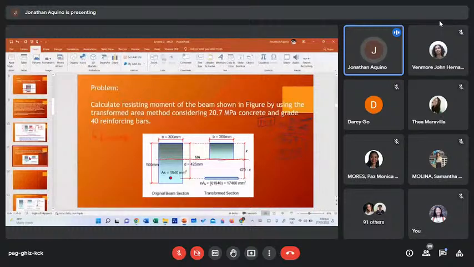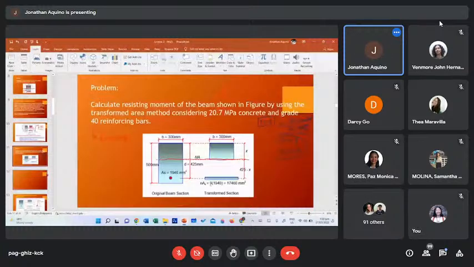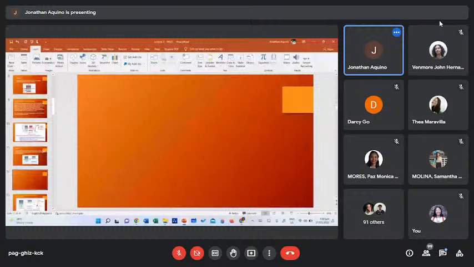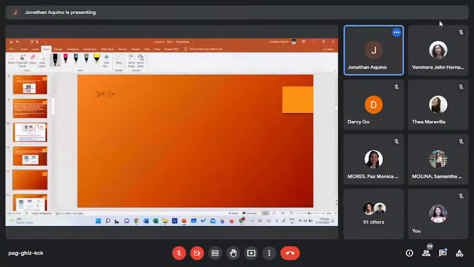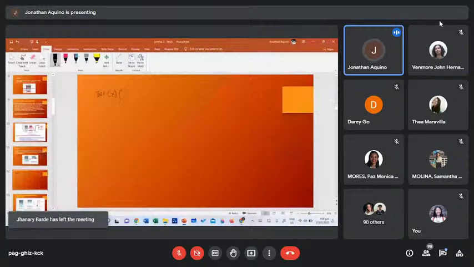Okay. So how to solve the neutral axis? The moment of area above is equal to the moment of area below. The moment of area above is equal to 300 times x, and the lever arm, if this is x, is simply x over 2. That equals the moment of area below.